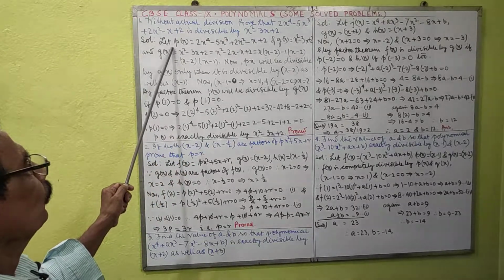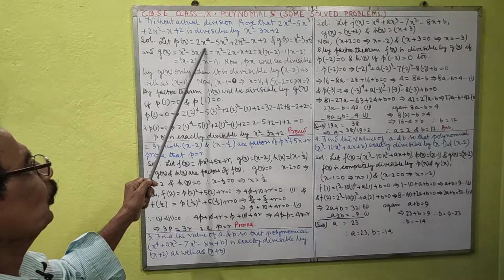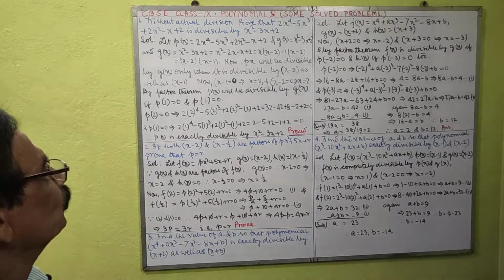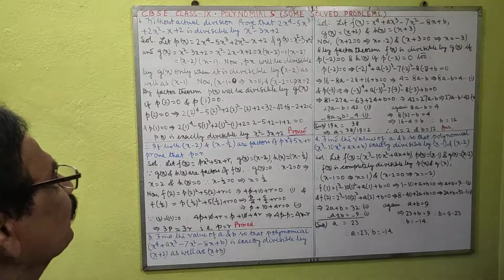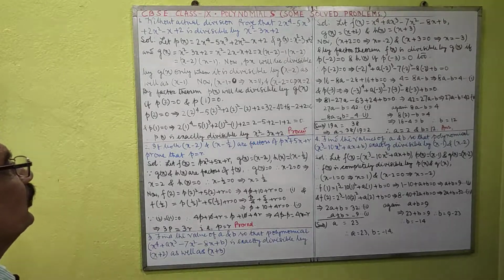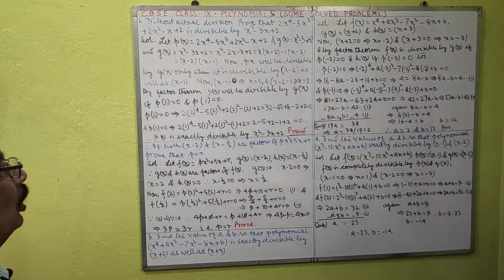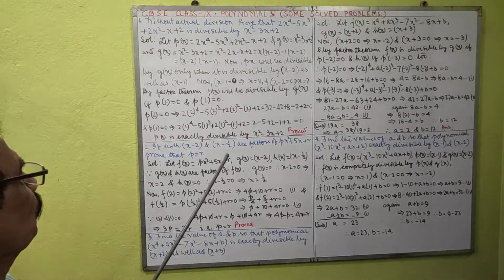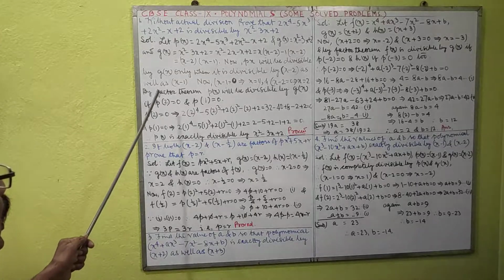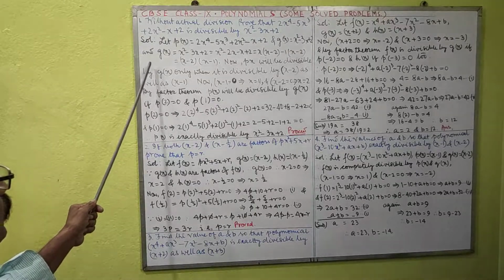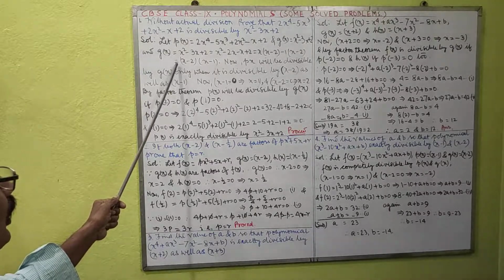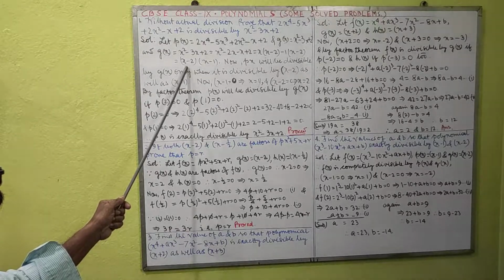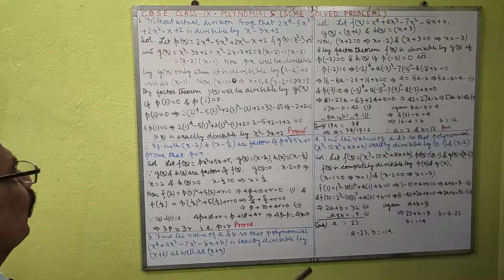Now let p(x) = 2x⁴ − 5x³ + 2x² − x + 2, and let g(x) = x² − 3x + 2, of which the factors are to be taken out. When its factors are taken out, it is like that (x − 2) and (x − 1).